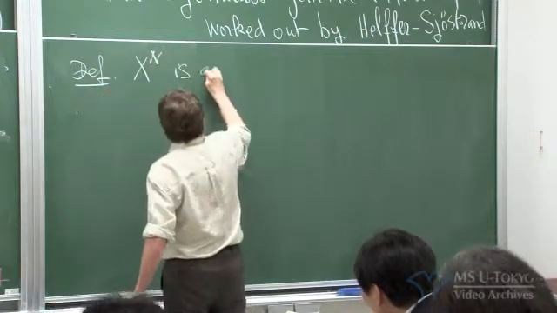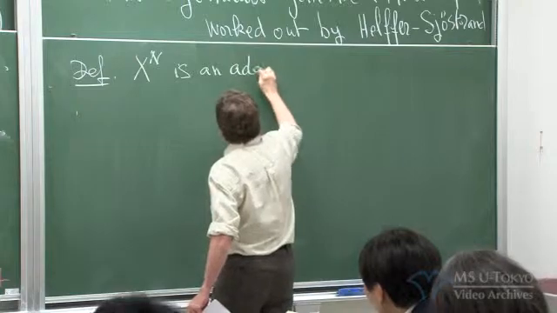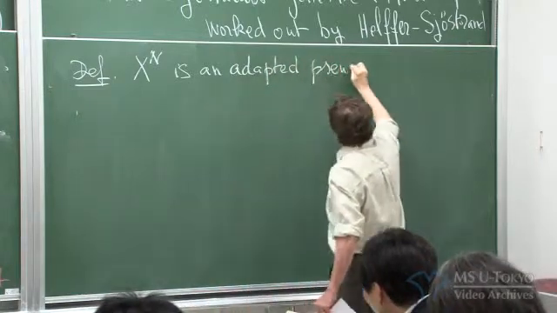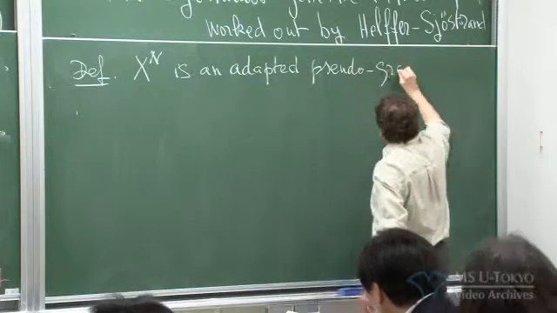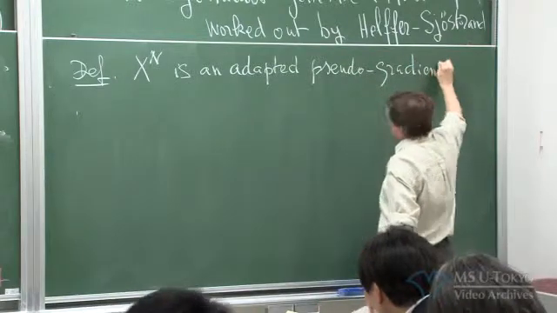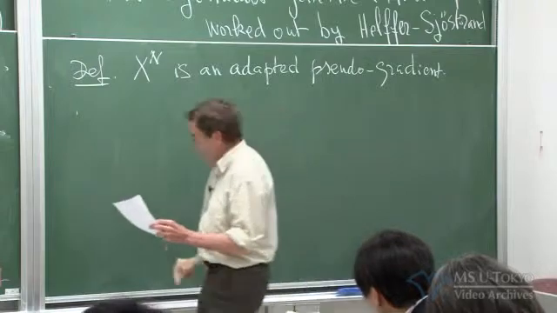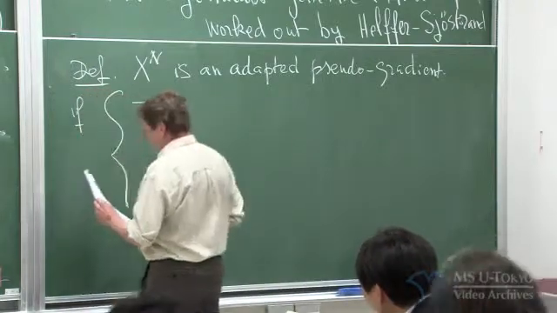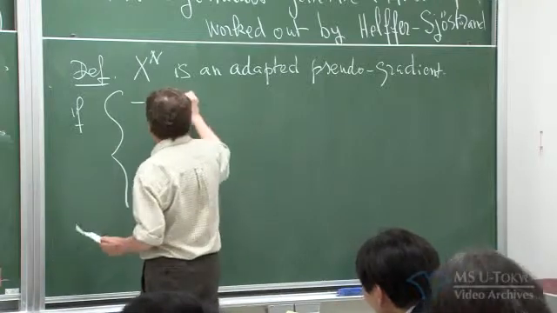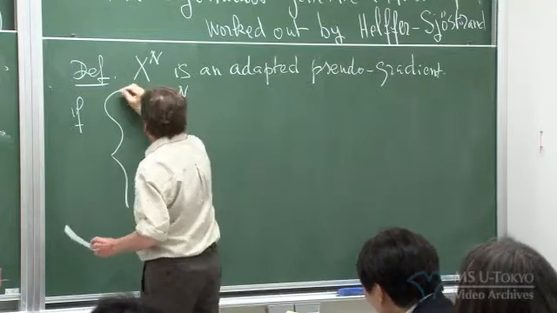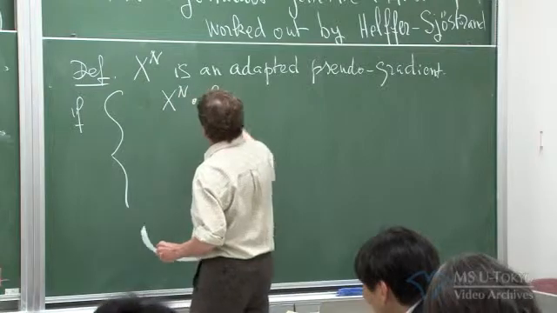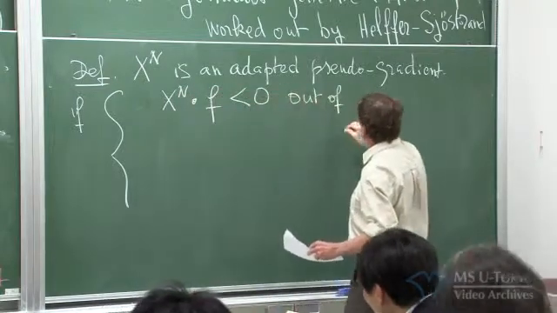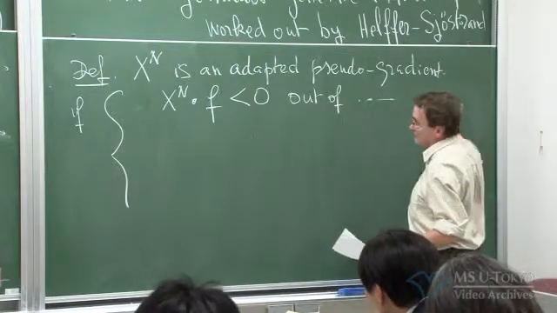X is an adapted pseudo-gradient if, first, the Lyapunov condition, same.